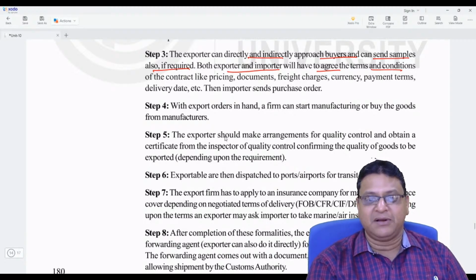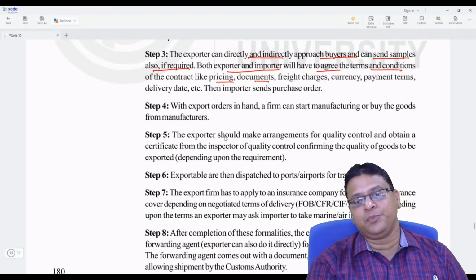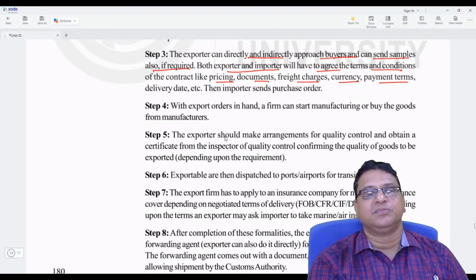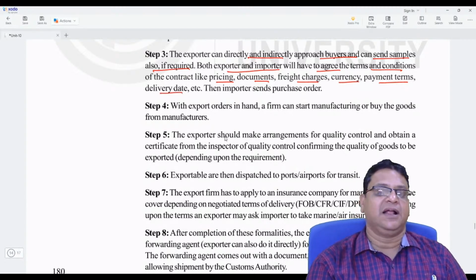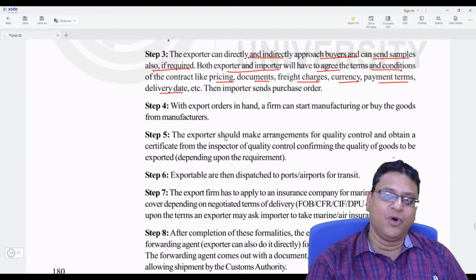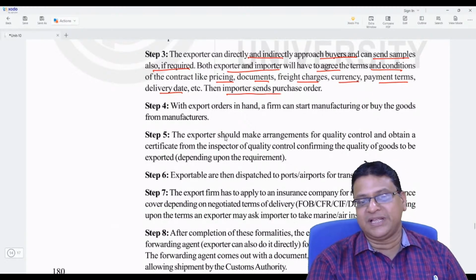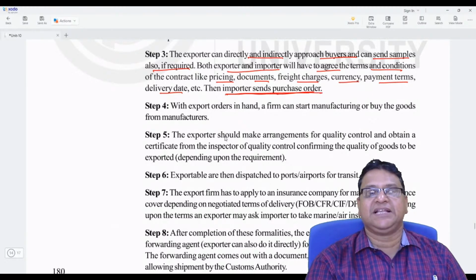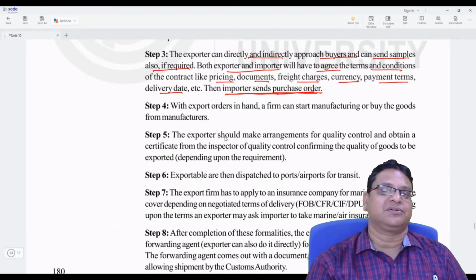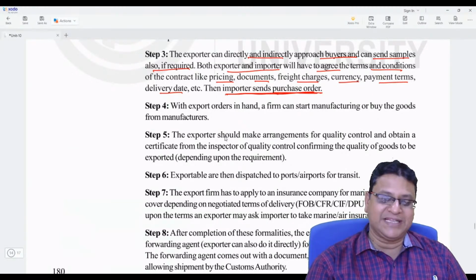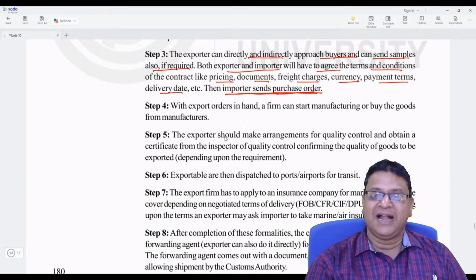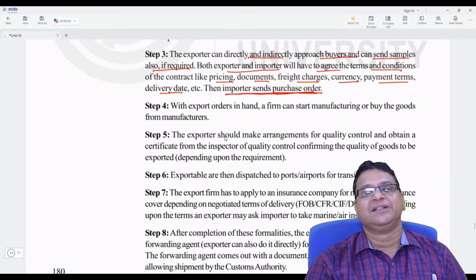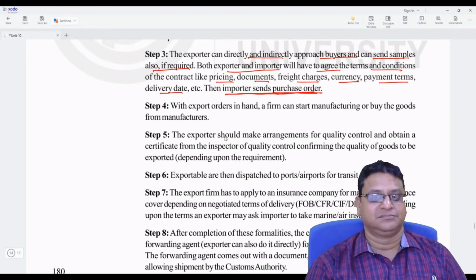Between you and your buyer: pricing, documents, freight charges, currency, payment terms, delivery date, etc. When all these things are over, the importer will give you a purchase order. So the next thing is to obtain a purchase order. First you obtain two licenses, the IE number and registration with EPC. Then the next step is to get a purchase order.